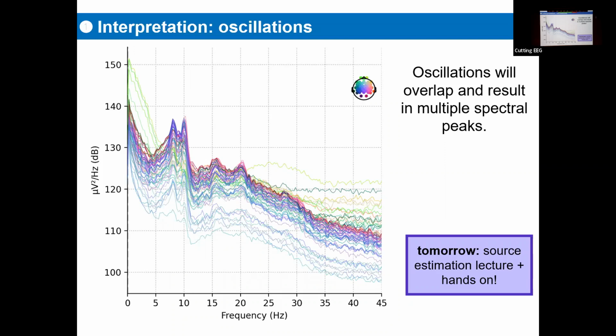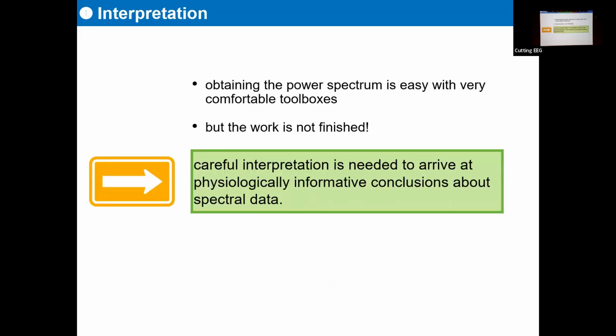All right. Obtaining the power spectrum is super easy nowadays. You don't have to program punch cards. You don't have to cut out paper and align it manually like in the old days. You can do it with one line of code, but the work is not done yet.